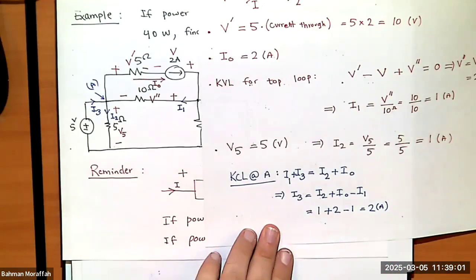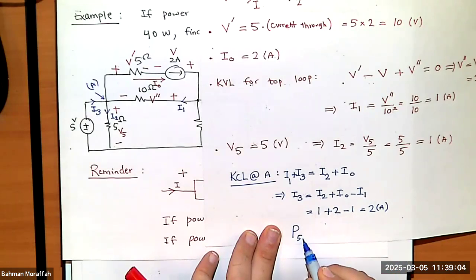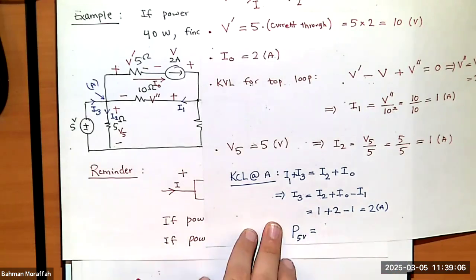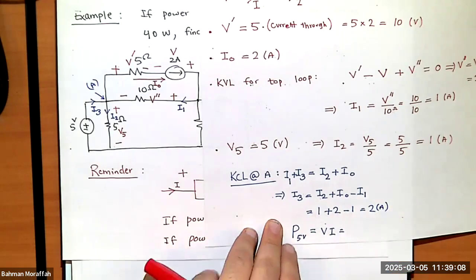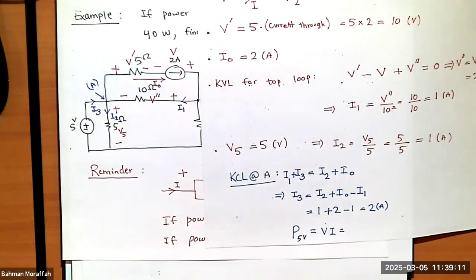And if I compute P for this source at 5 volts, that is VI. Is it positive or negative? Negative, right? Because the voltage across this source is -5. If you look at the direction of the current, the direction of the current is upwards, so it hits the negative sign first.